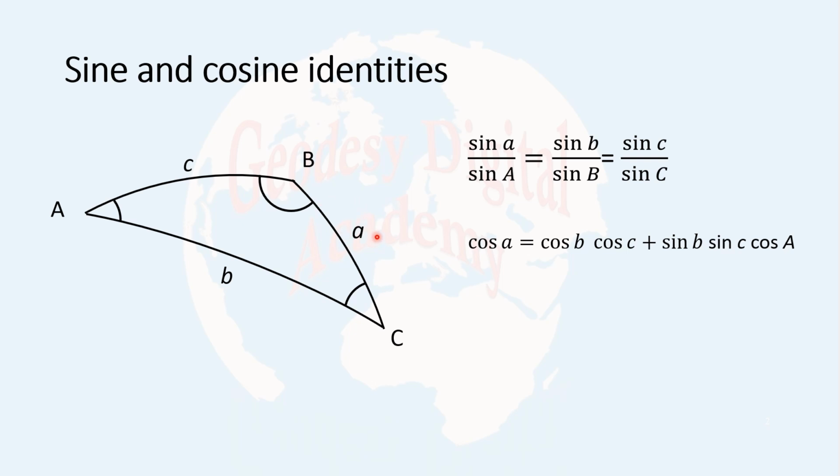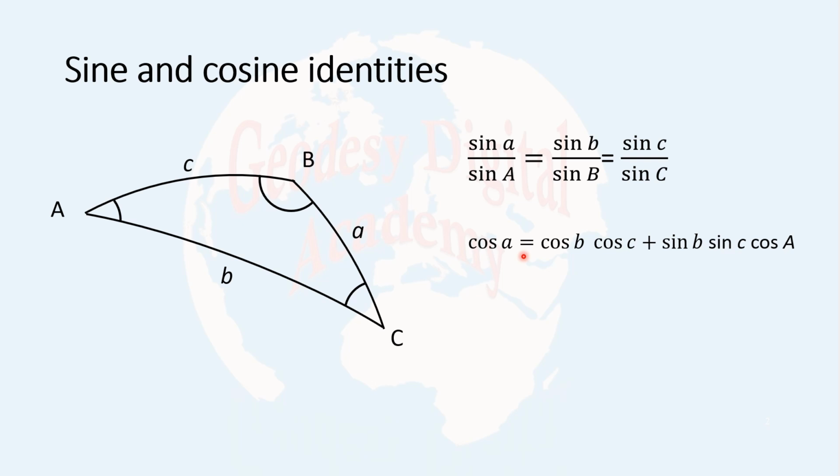So look at the formula now. The arc a is here on the left side, and the last part of the formula is the angle A. This angle is in front of this arc, and the rest are the arcs which are not this arc a.